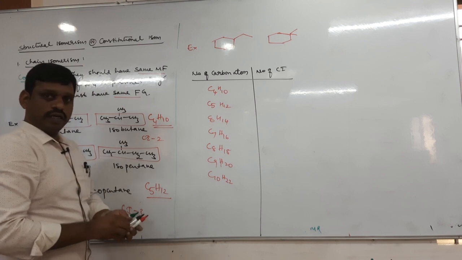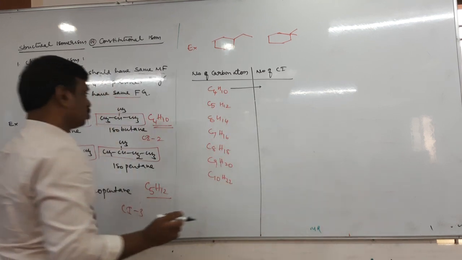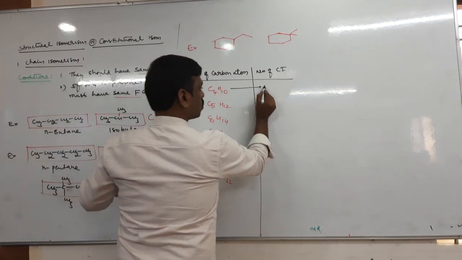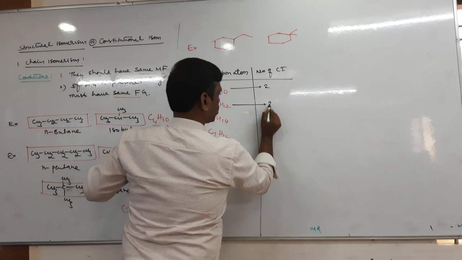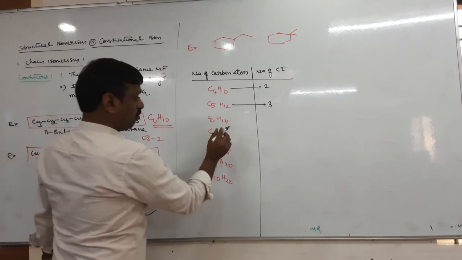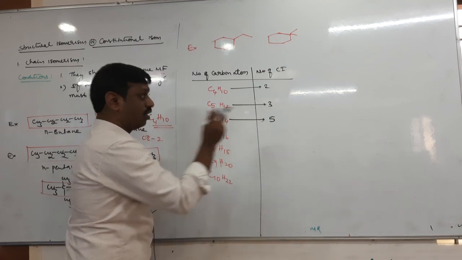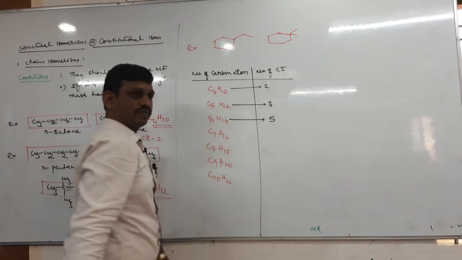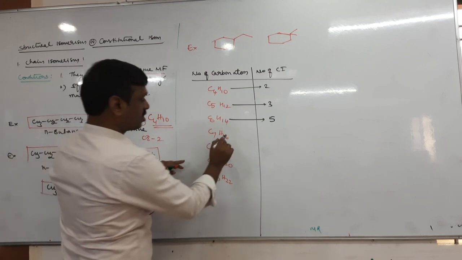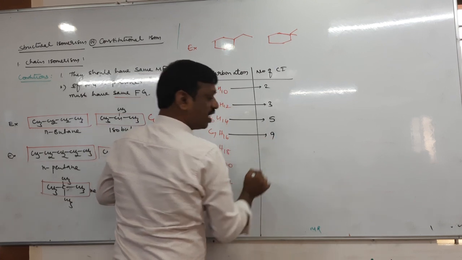Okay. Then what is the number of chain isomers? 1. So already written, no? How many chain isomers? 2. Next, this is how many? 3. Then with the 6 carbon atoms, remember it is 5. By adding these 2, you will get this. Remember like that. Next, after 5, you will get 9.